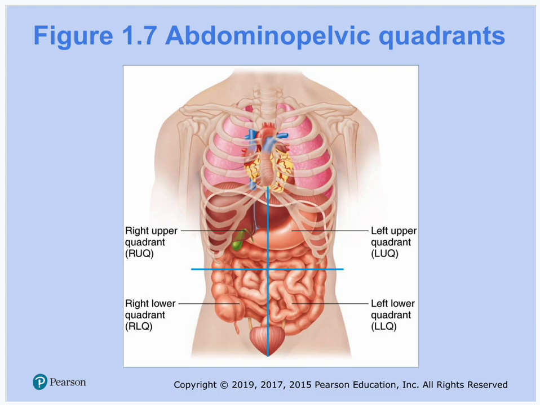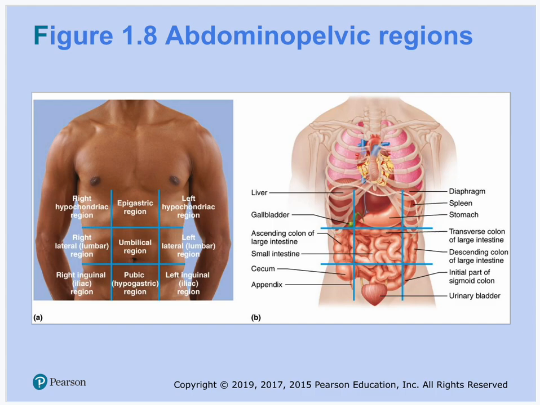We also have ways of describing the abdominopelvic region. Being very general, we have the right upper quadrant, left upper quadrant, right lower quadrant, and left lower quadrant. We can get more specific though and go to these regions. At the top, we have the hypochondriac region on the right and the left, and the epigastric region in the middle.